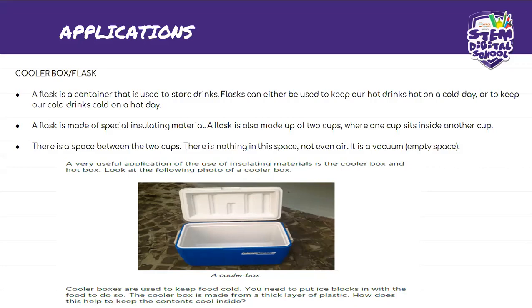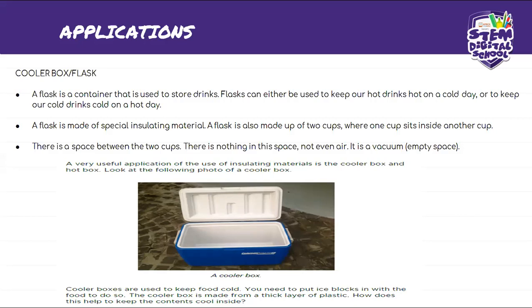So a very useful application of insulating material is the cooler box and hot box. The picture that we are looking at is a cooler box. Cooler boxes basically are used to keep food cold.